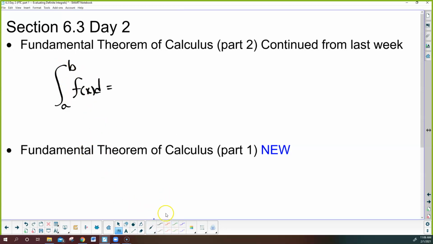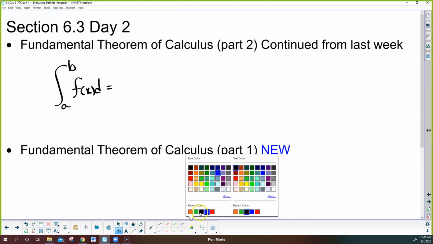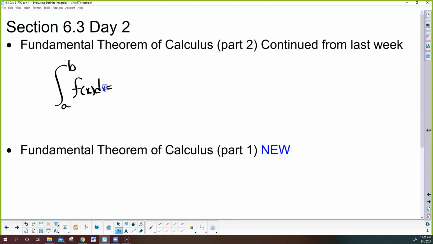Quick review though, you don't have to write this because we have this from the previous week: what if I tell you to evaluate this? What was our process? Well, this symbol, the integral, whoops, I should have an x there, stands for the area under the curve.